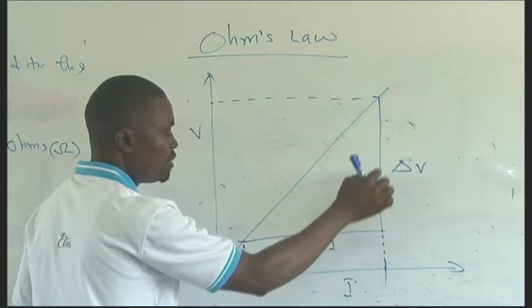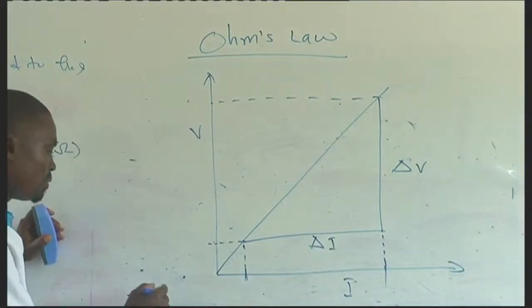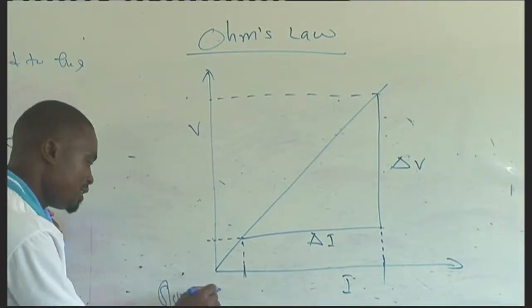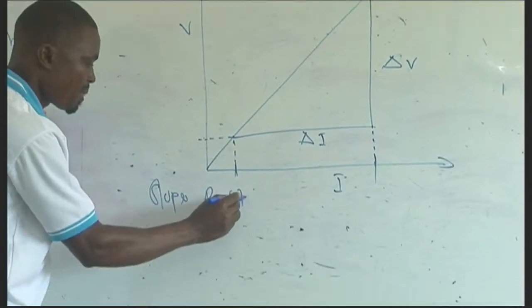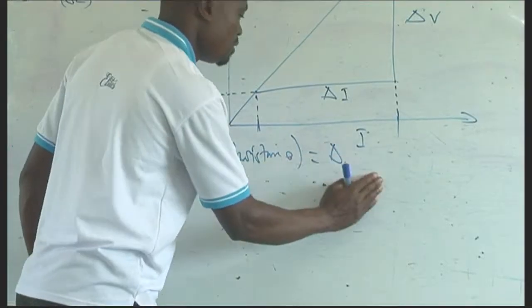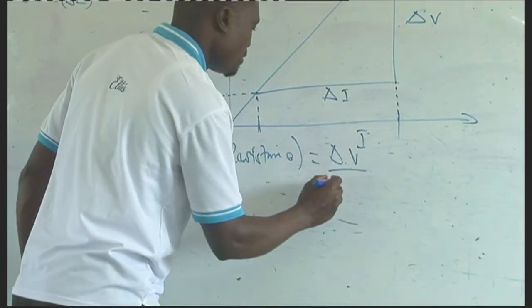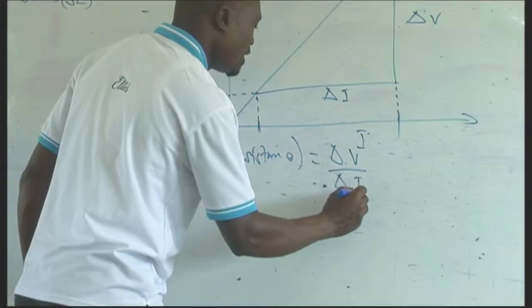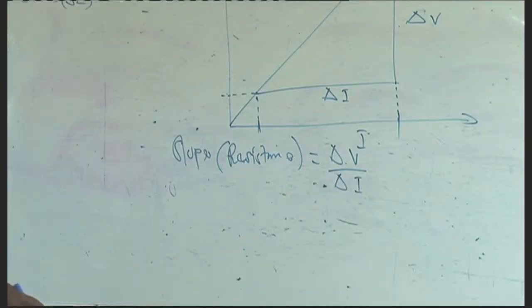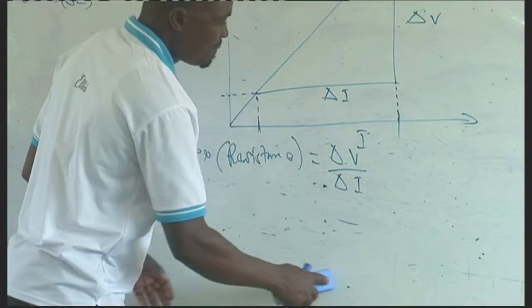So the slope, which is now the same as the resistance, will be change in V over change in I, and we give the unit as ohms. That is how we can find the resistance from a graph.